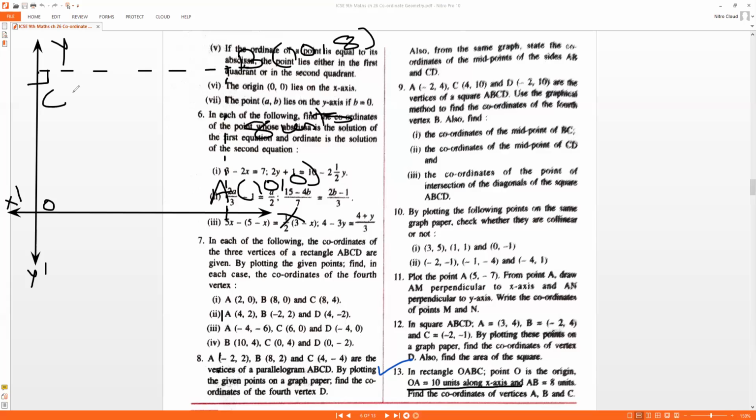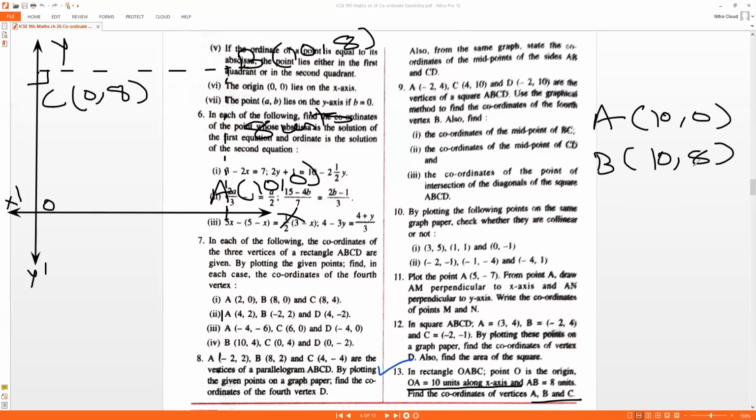What are the coordinates of C now? 0 comma 8. So A will be 10 comma 0, B will be 10 comma 8, and C will be 0 comma 8. Is that clear, everyone?